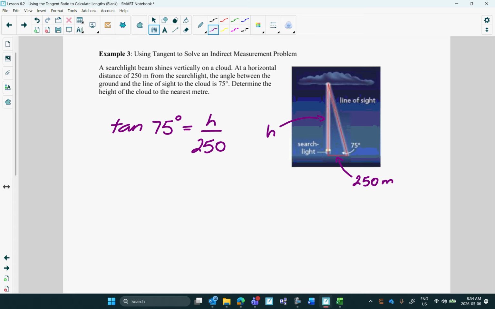There's our trig equation. Now you just have to solve it. What are you going to do to solve it? Multiply both sides by 250. Because those cancel. And then I multiply this by 250. So H is going to be 250 times the tan of 75 degrees, rounded to the nearest whole number.